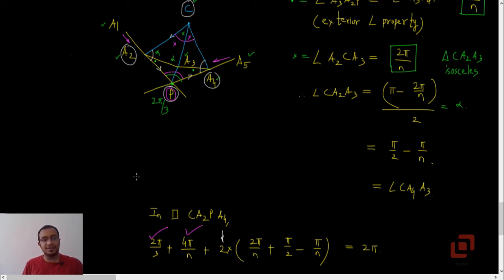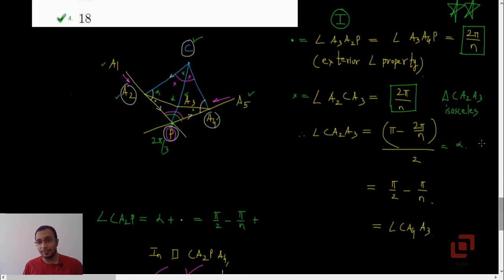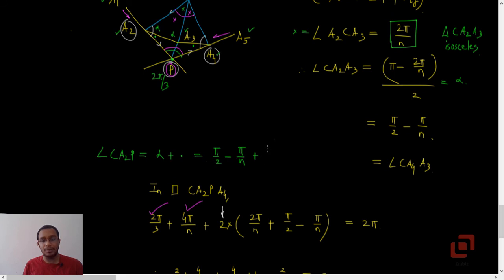Now from our analysis, what have we got? We have got angle CA2P as alpha plus dot. What is alpha? Alpha is π/2 minus π/n. And what is dot? Now see, this dot is the exterior angle which we had got earlier. What is that? 2π/n. So it will be π/2 minus π/n plus 2π/n, and that is what this term in the bracket is all about.